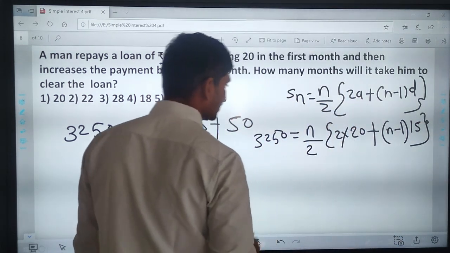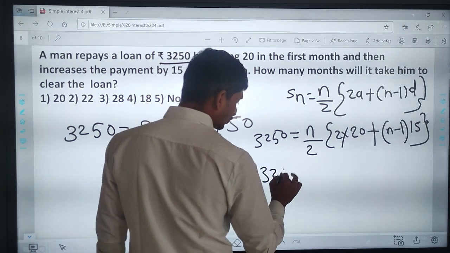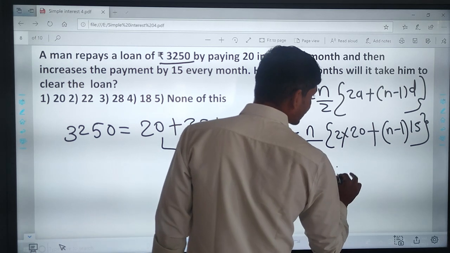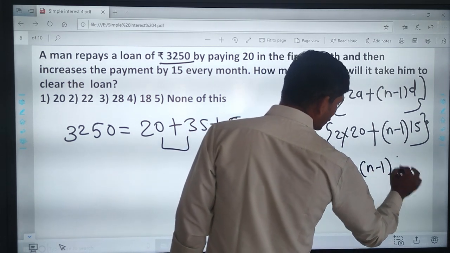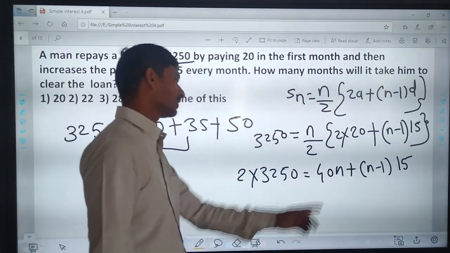Now we solve this. We can write 2 into 3,250 is equal to n into (40 plus (n minus 1) into 15). We divide by 5 on all these terms.